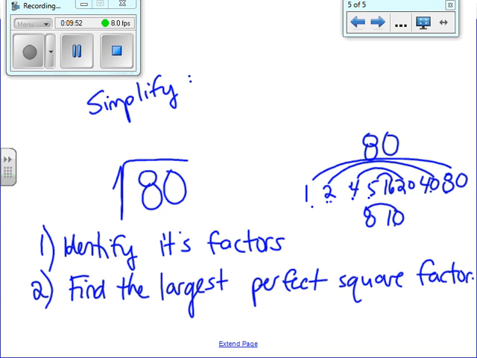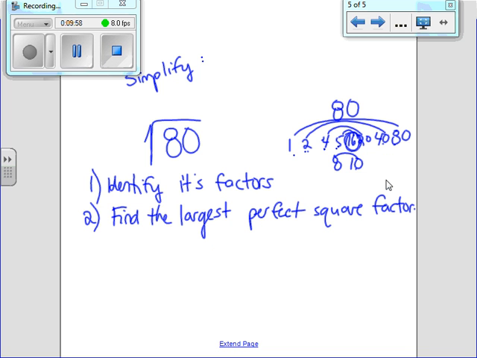And that one right there, 16, is going to be our largest perfect square. Just to note, I'm looking for the largest perfect square factor in this one. If I was trying to simplify a cubed root, I would look for the largest perfect cube factor.